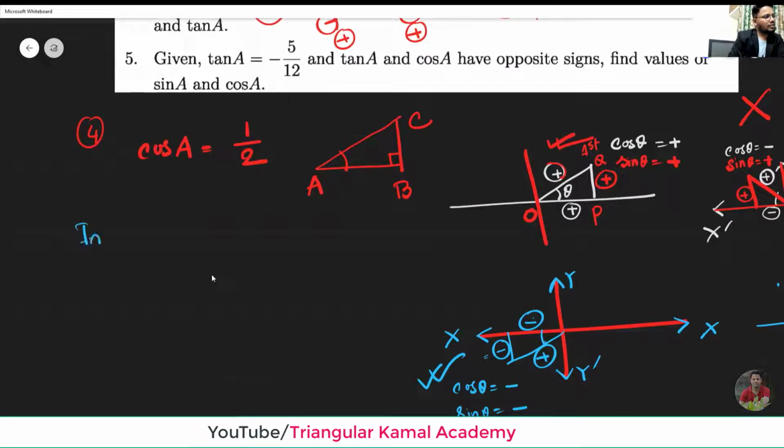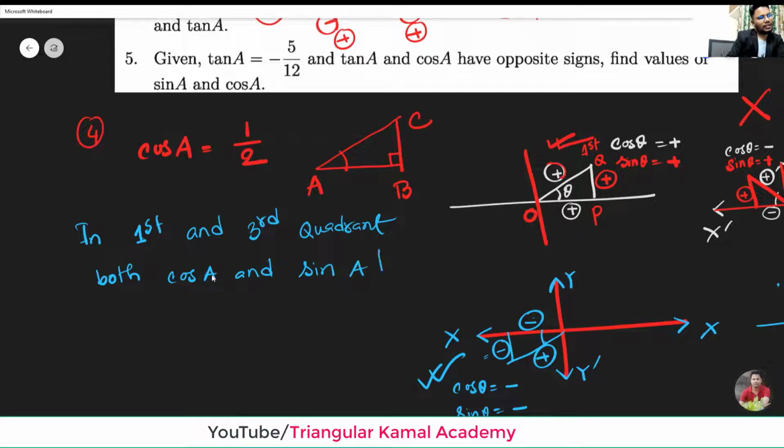Now we have to write: in the first and third quadrants, both cos A and sin A have the same sign.